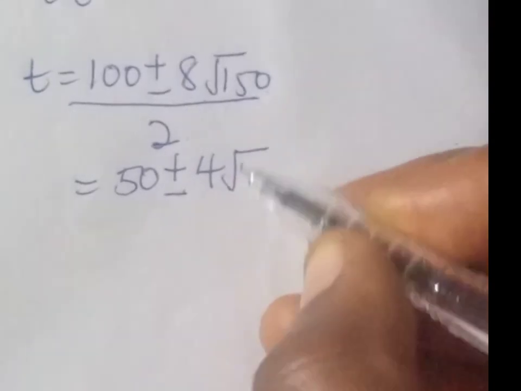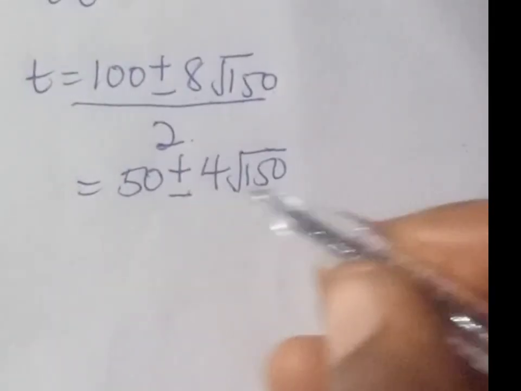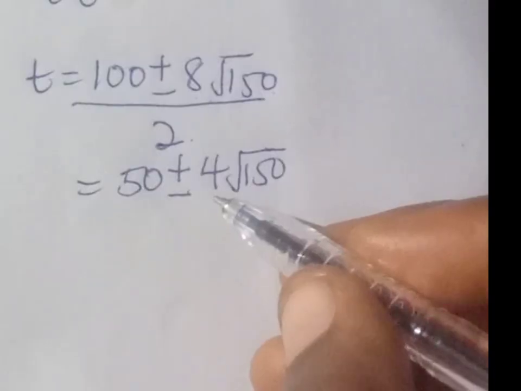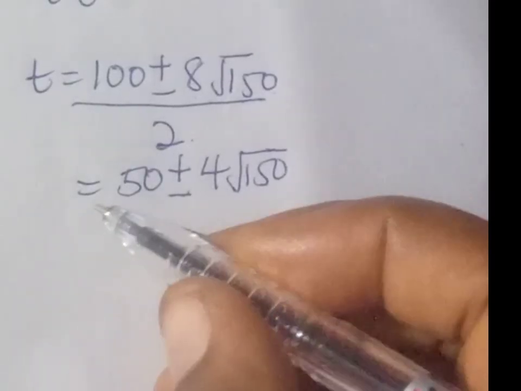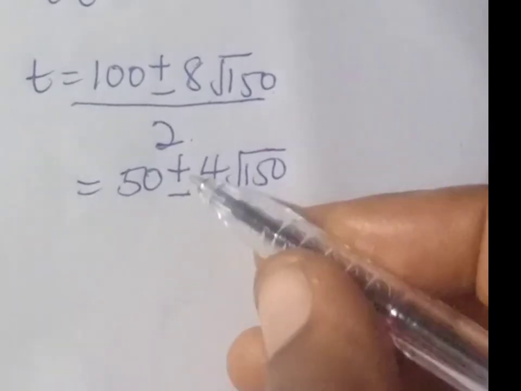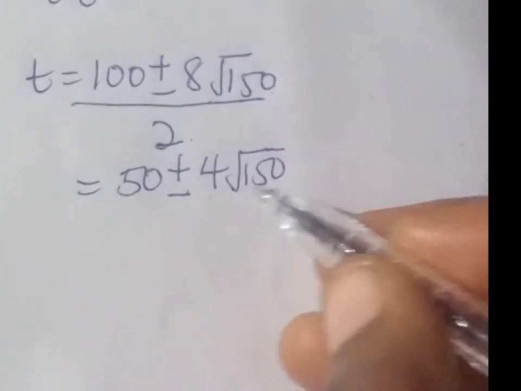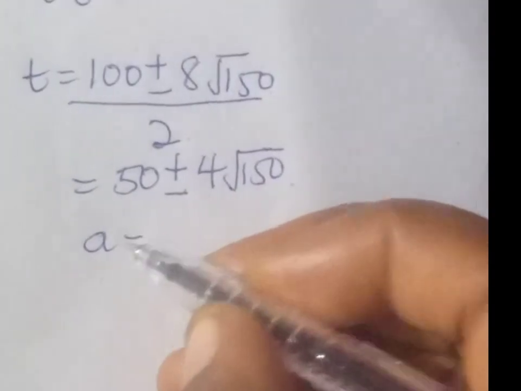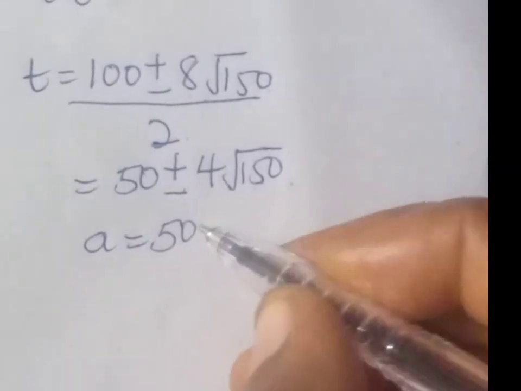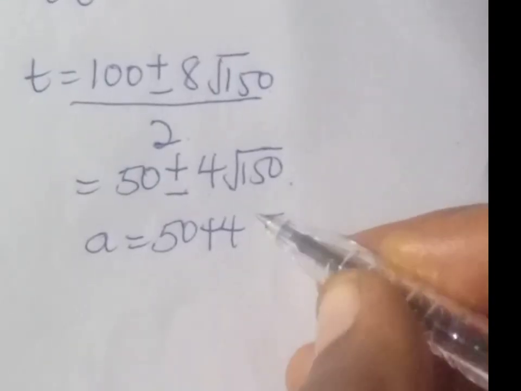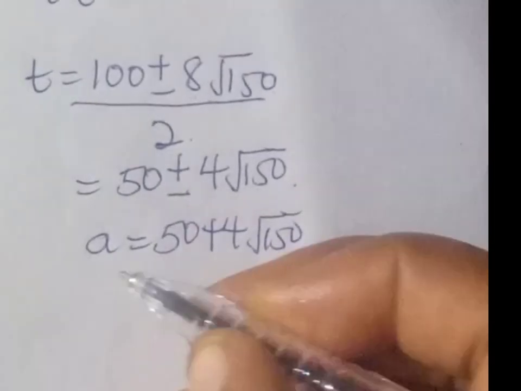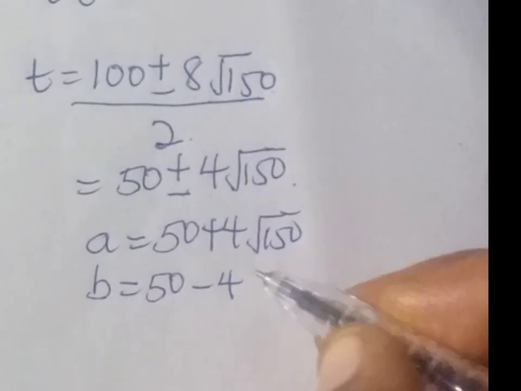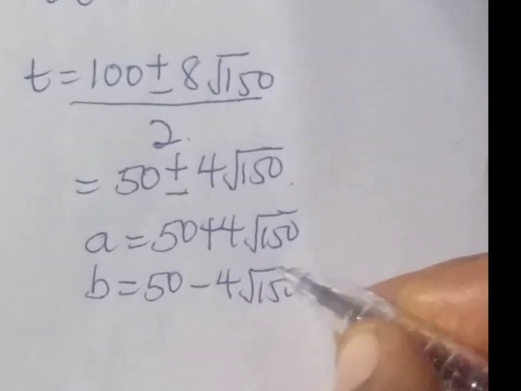Now let's write the two answers to this equation, because by the time we applied our quadratic formula, we got t equals 50 plus or minus 4 root 150. So our A will be 50 plus 4 root 150, and our B will be 50 minus 4 root 150.